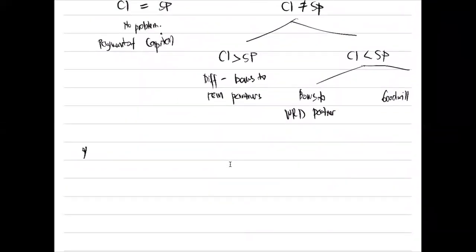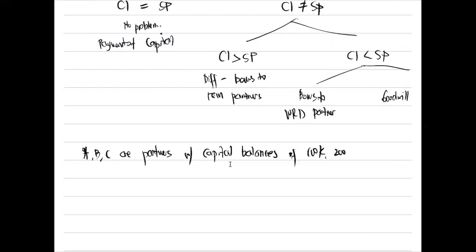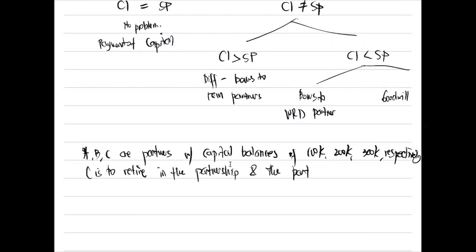So, A, B, and C are partners with capital balances of 100,000, 200,000, 300,000 respectively. C is to retire in the partnership, and the partnership will settle its interest.